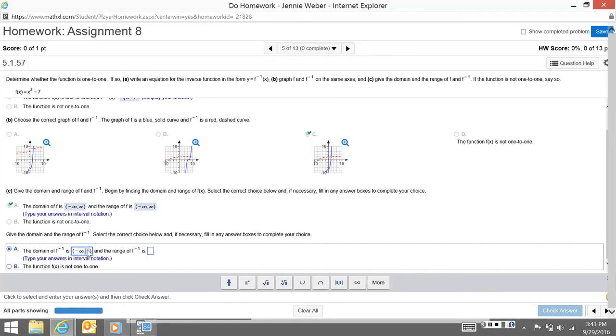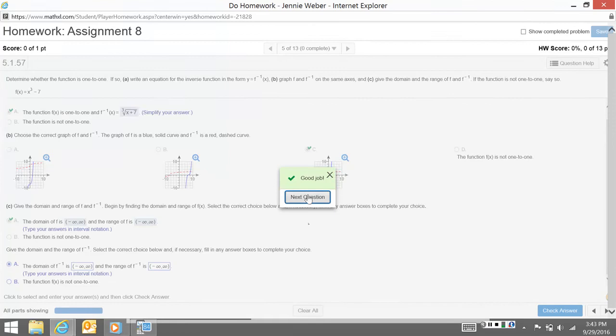For some reason the keyboard isn't wanting to type for me. Oh, I don't want -infinity to -infinity. That looks pretty crazy. Okay. -infinity to +infinity. And there we go.